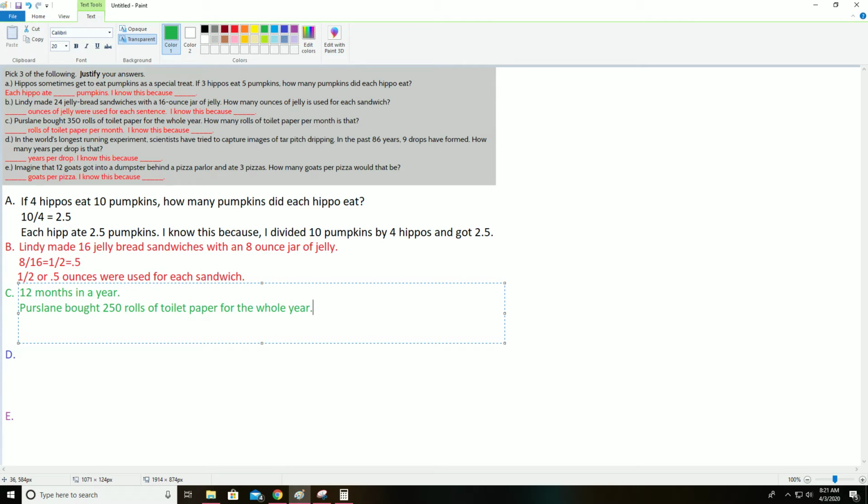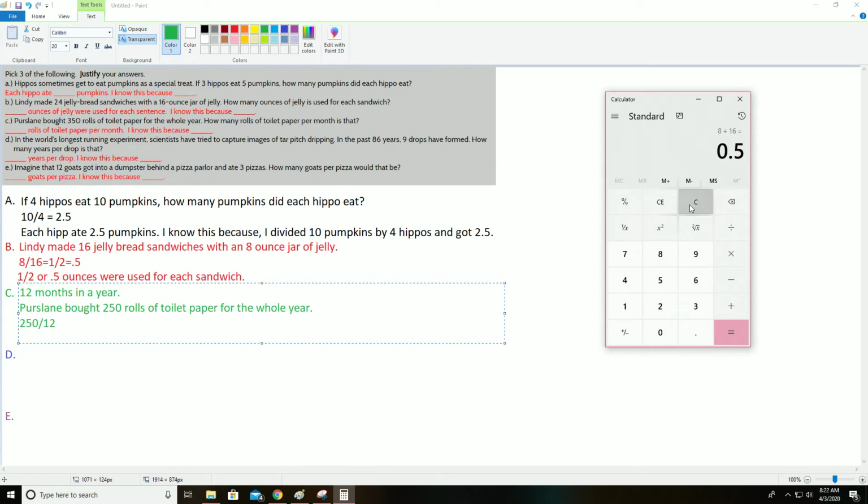Okay, so I want to use this information to answer the question, how many rolls of toilet paper is that per month? So how do I do that? 250 divided by 12, and that tells us that we use, and let's just round up, we can round up to 20.9, or you could probably even round up to 21 if you're rounding to the nearest whole number.